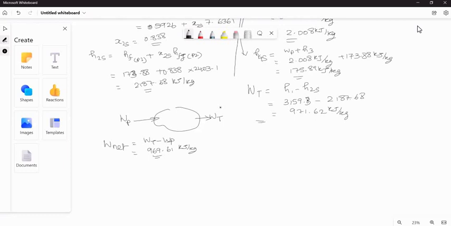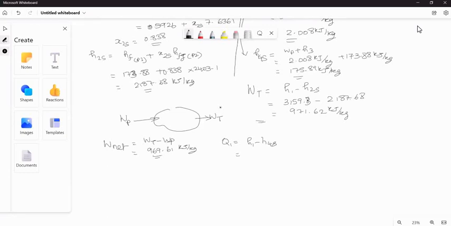Now you know heat rejected is actually H1 minus H4S, that is the purpose of having the value H4S. Now you can ask me the purpose of calculating the value H4S, right?